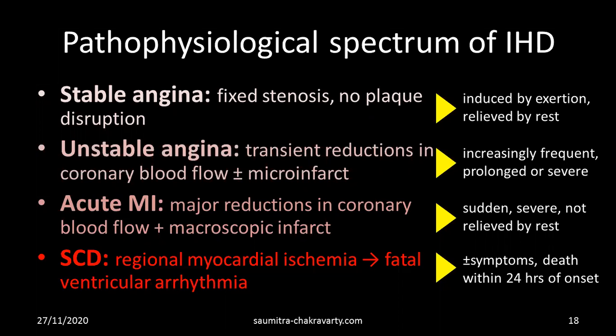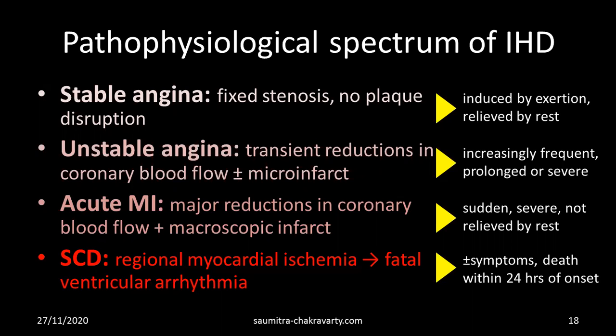Otherwise, everything is okay because the occlusion is fixed. It only feels pain, or only feels like angina symptoms, when that particular capacity is strained. Otherwise, nothing. The person feels nothing wrong actually.